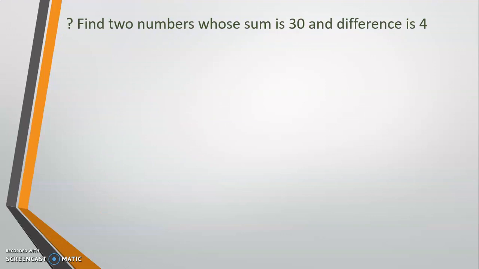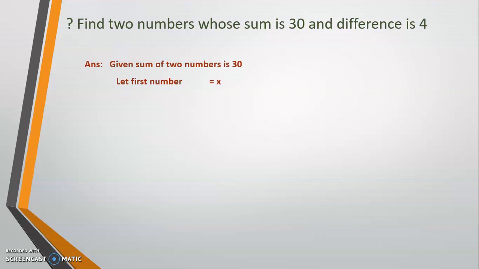And the next problem is find two numbers whose sum is 30 and difference is 4. We have to find two numbers such that their sum is 30 and the difference is 4. For this, first let the first number be x. It is given that the sum of the two numbers is 30.